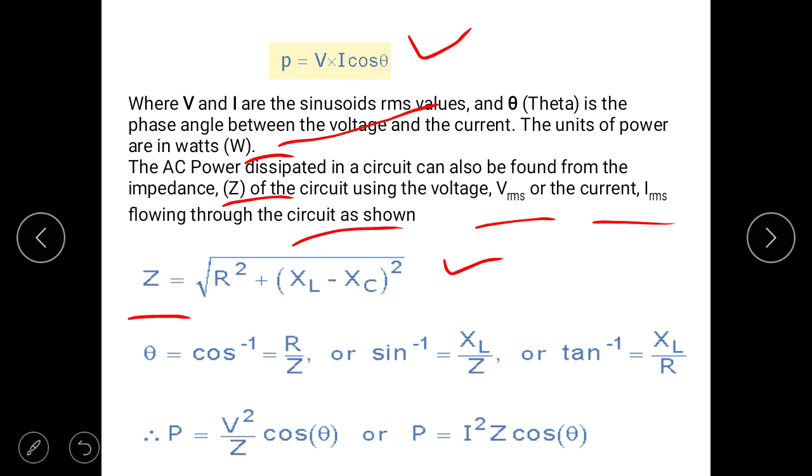So theta is equal to cos inverse R upon Z, or tan inverse (XL minus XC) upon R. So power P is equal to V squared upon Z cos theta, or P is equal to I squared Z cos theta. This is also active power.